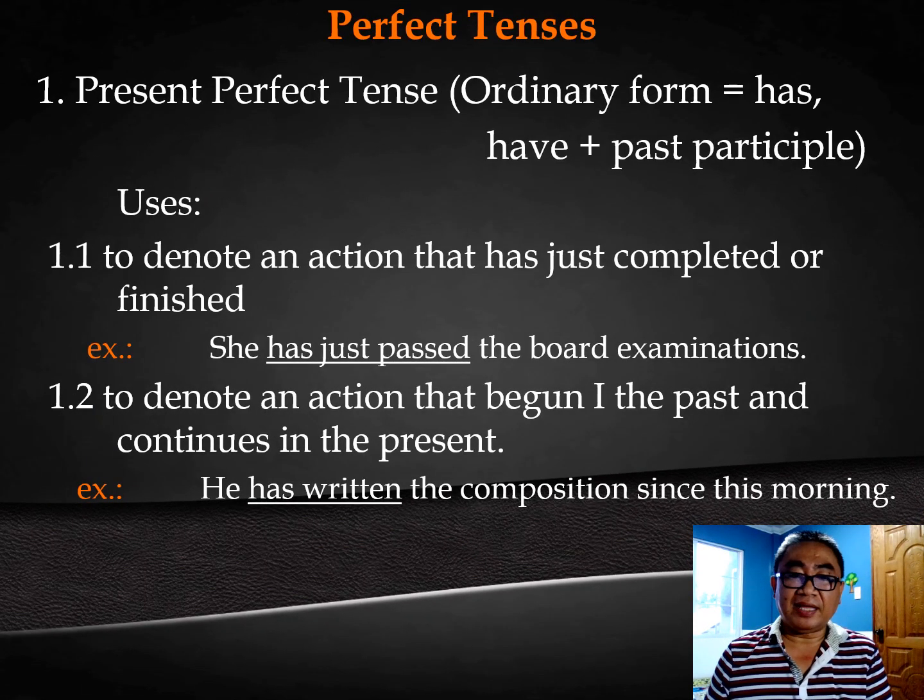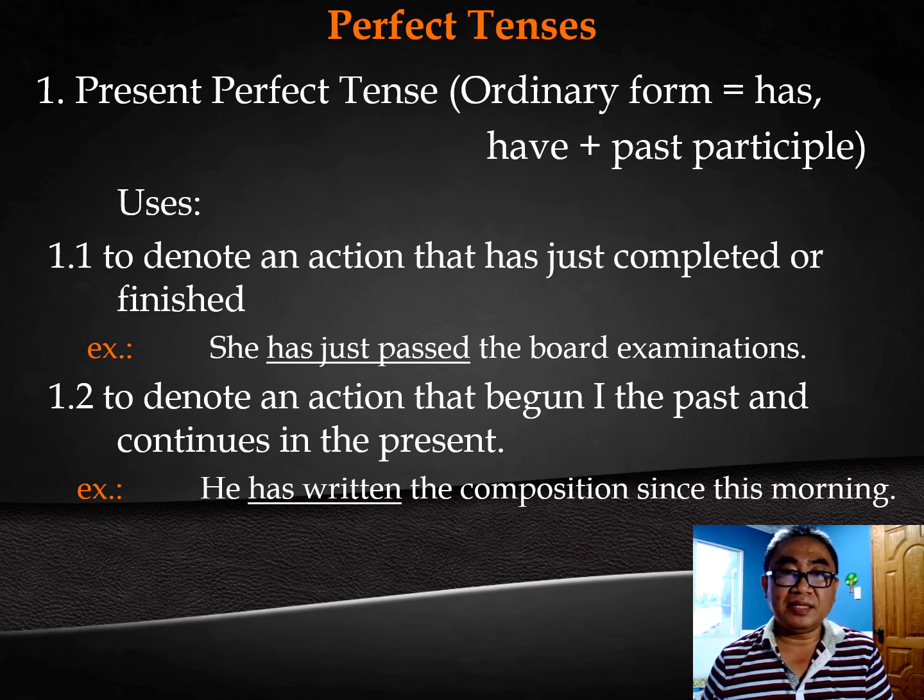Okay, the perfect tenses of the verb. We have the present perfect tense, ordinary form of the verb, with the following formula: has and or have plus past participle, used to denote an action that has just been completed or finished. She has just passed the board examination.